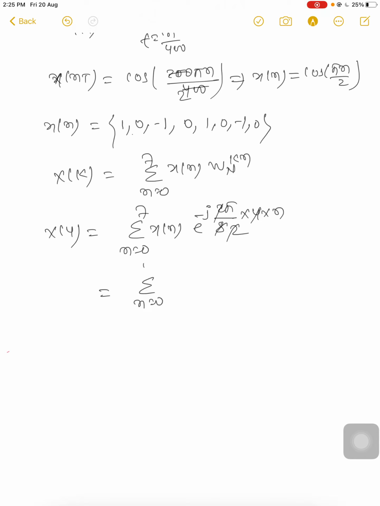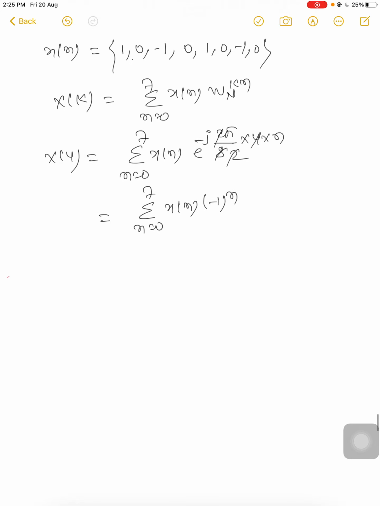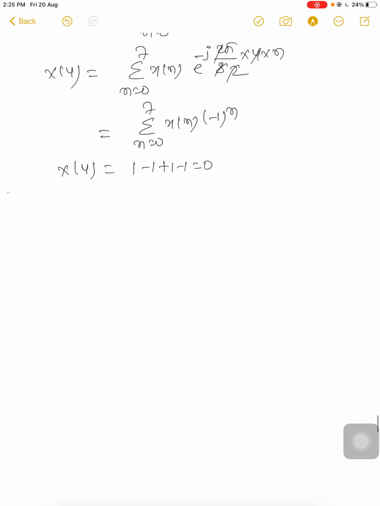It becomes summation of n equal to 0 to 7 of x[n] (minus 1) to the power n, and X4 will be 1 minus 1 plus 1 minus 1, which is equal to 0.